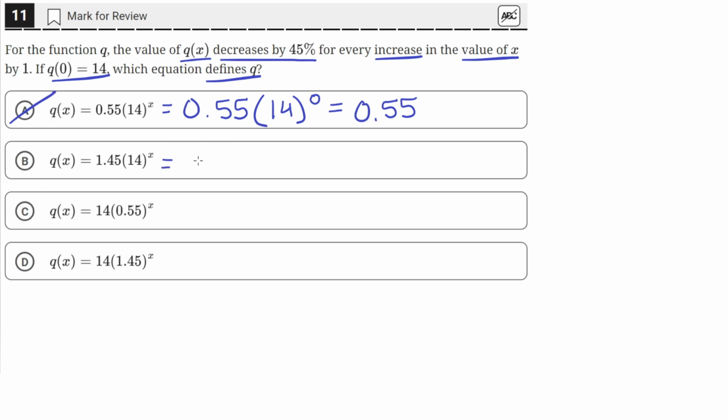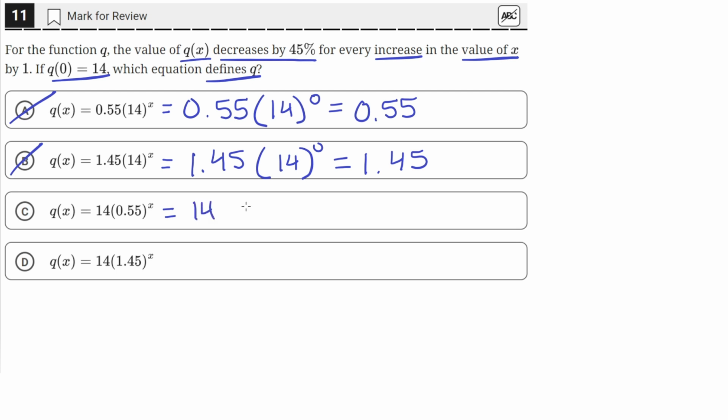Then answer choice B, we have 1.45 times 14. We'll plug in 0 for x, and then we'll just be left with 1.45, which again is not equal to 14, so answer choice B is incorrect, because A and B didn't satisfy the condition that q of 0 equals 14. So let's check C as well.